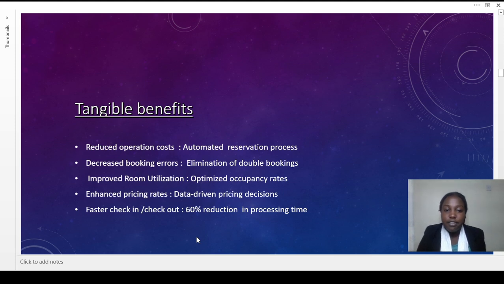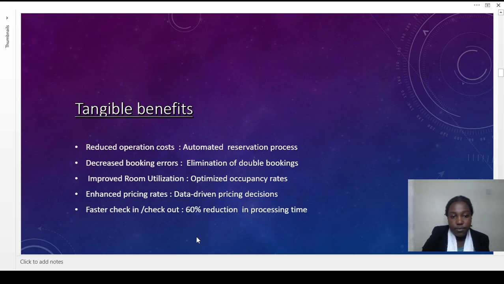Some of the tangible benefits of this is reduced operation costs since the system is automated and replacing the manual system. Then the second point is decreased booking errors since the system controls double booking. There is improved room utilization since there are optimized occupancy rates, since every room is allocated and double bookings are prevented.